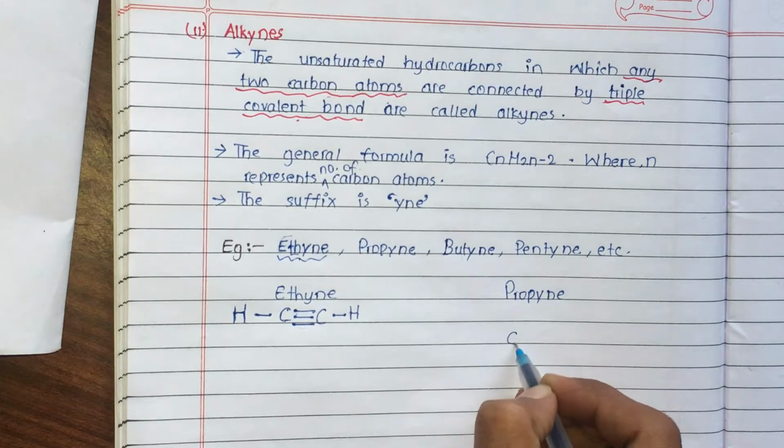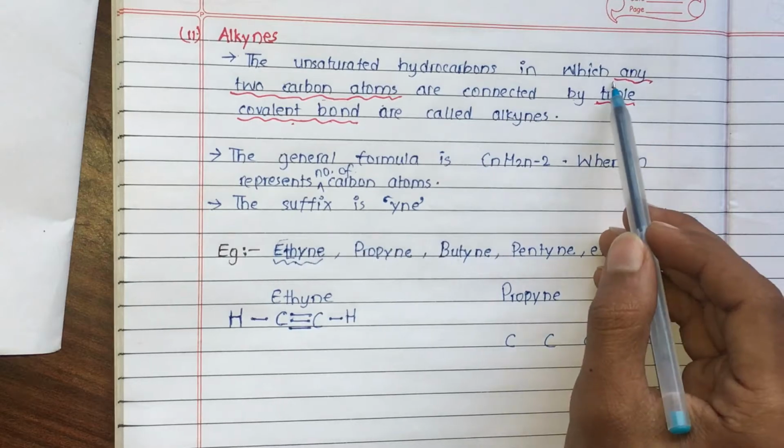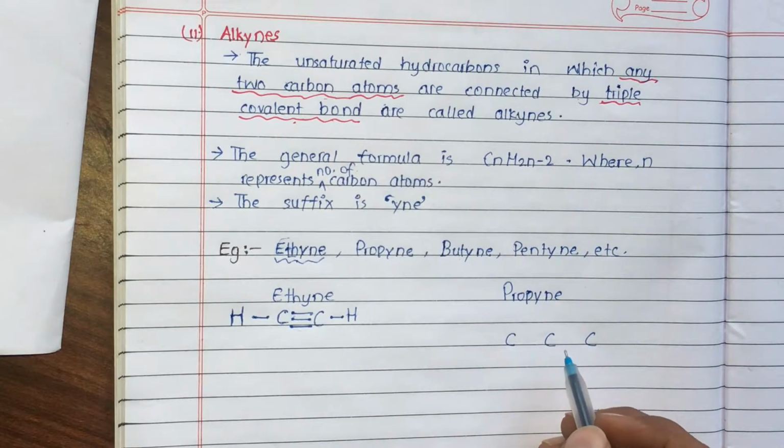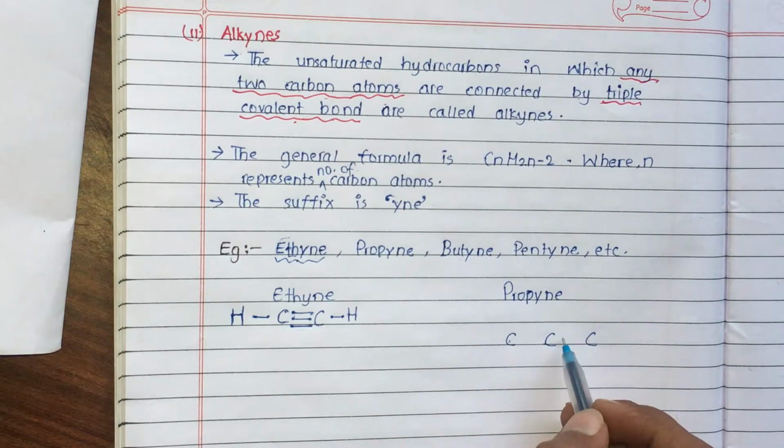So we write here 3 carbon atoms, and as per the definition we write a triple covalent bond between any 2 carbon atoms, whether you write it between first and second or second and third.